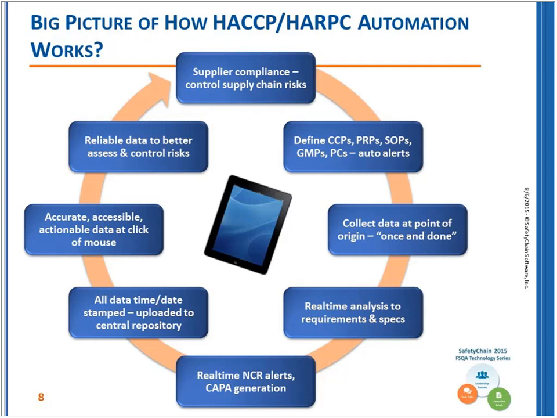All of that data is time and date stamped and uploaded into a central repository, where it becomes accessible and actionable for audit readiness and continuous improvement. You can then report on it to better assess where your high risks are, and that brings you back to understanding your suppliers, the risks there, and supply chain controls.